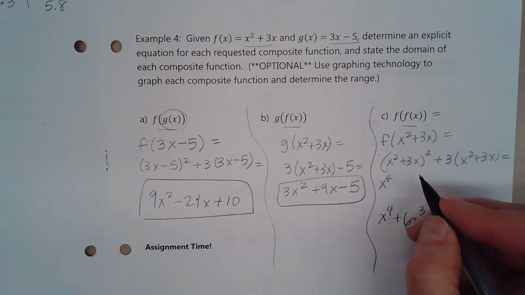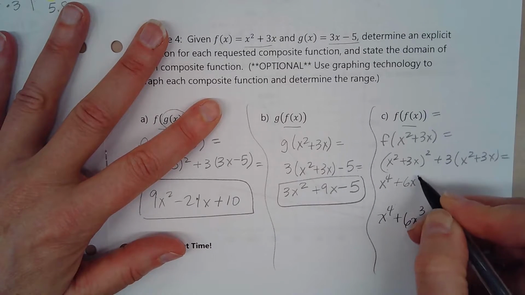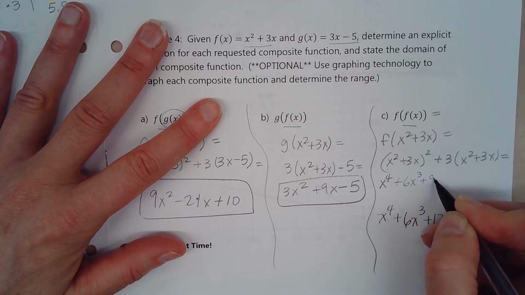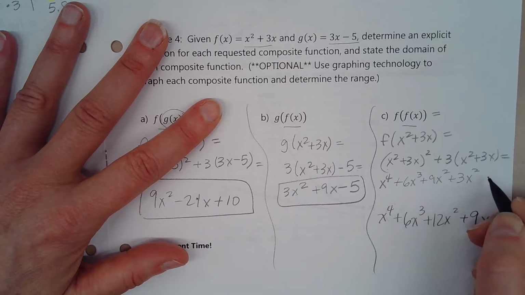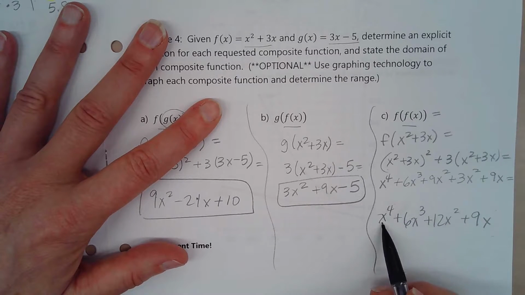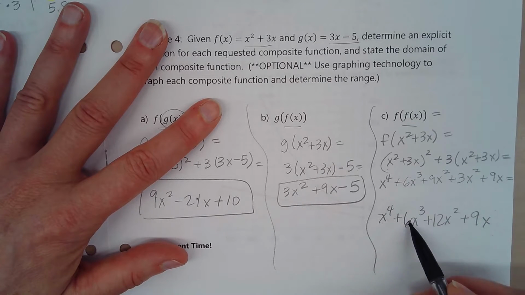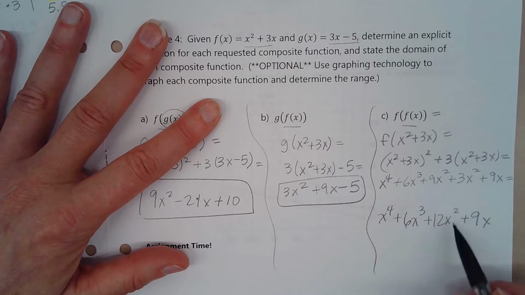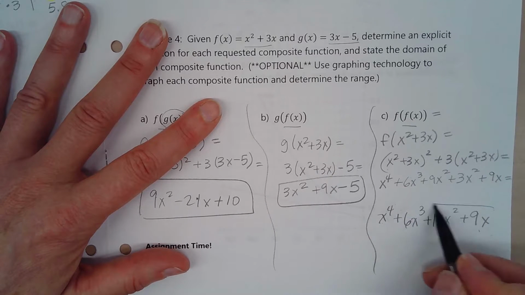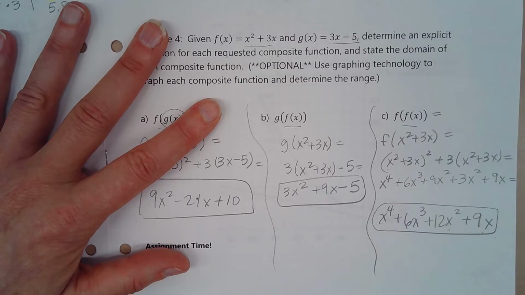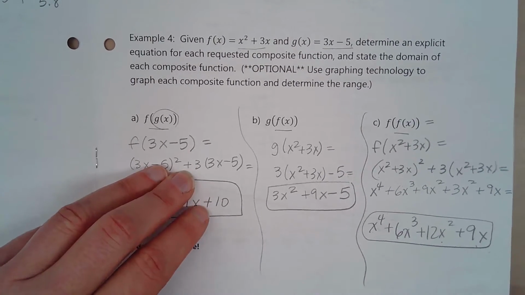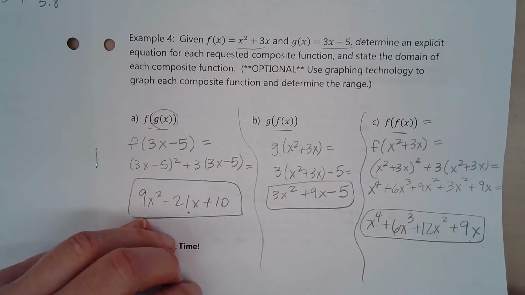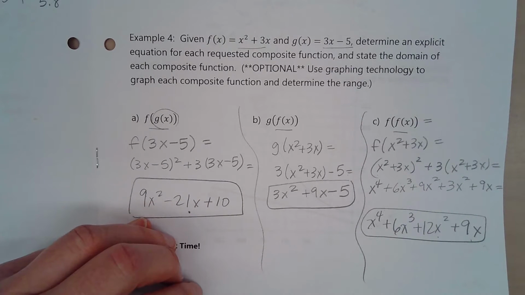I have 2 of them, so that'll be 6x cubed, plus 9x squared plus 3x squared plus 9x. So here's my x to the 4. Here's my 6x cubed. These 2 are x squared, and then I do have a 9x. Those are hard to work with, right? It's much easier, I think, to work with numbers, like with real values.